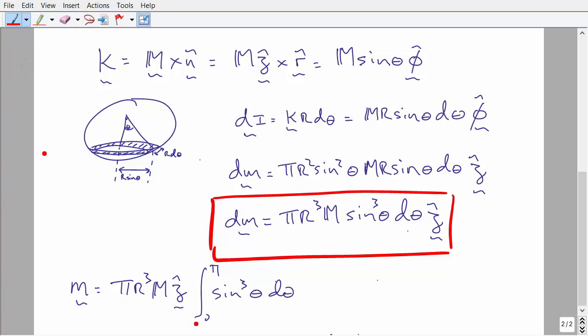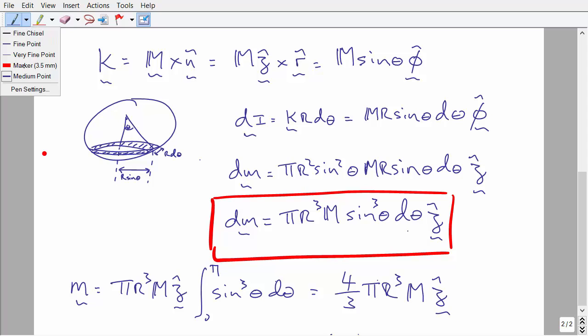Alright, if you do this integration, you'll find that this integral is 4/3, and so we generate the result that we had on the previous page. Okay, and there is our final result in agreement with the previous result.